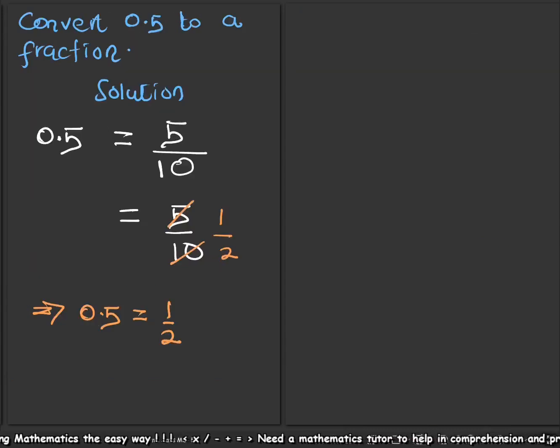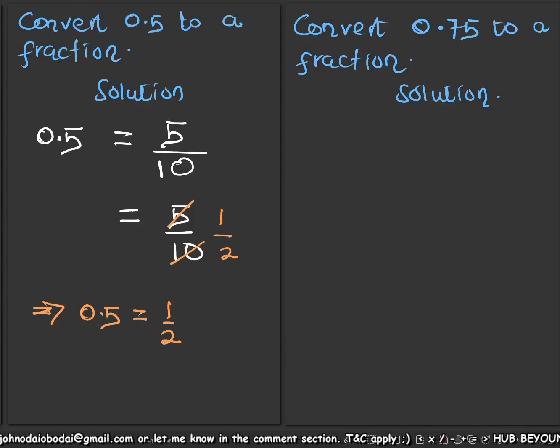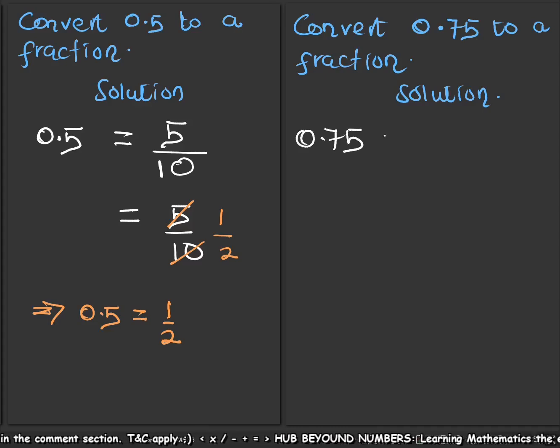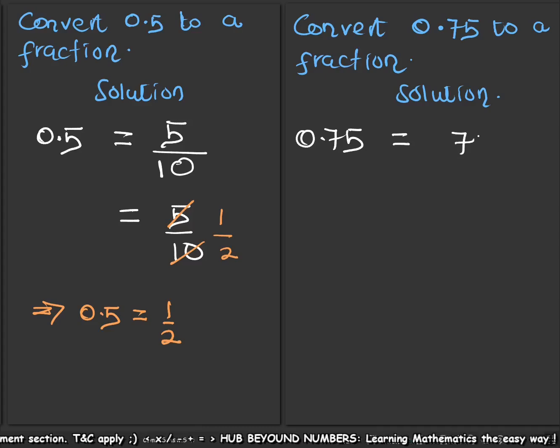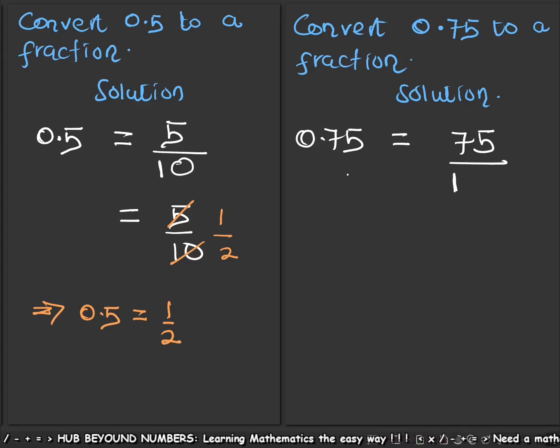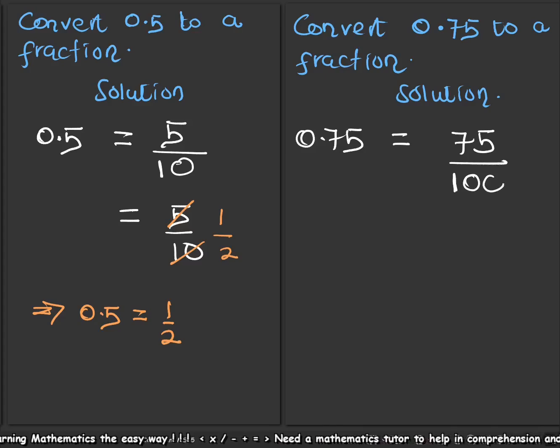As simple as that. The second example says convert 0.75 to a fraction. You first write your 75 all over 1, so everything is just over 1. Then you ask yourself, how many digits do you have after the decimal point? You have 2, so you add 2 zeros to the 1.